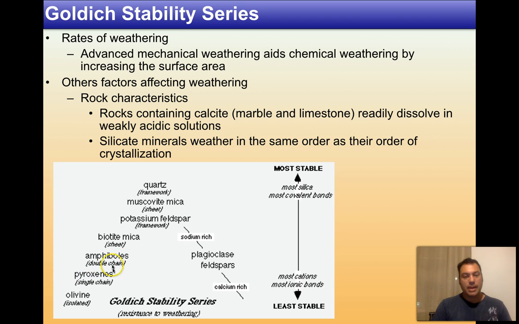And the pyroxenes and the amphiboles and the plagioclase feldspars, especially the calcium-rich variety, are extremely unstable. And they tend to want to break down and weather very rapidly in an acidic chemical environment. It doesn't take that much water to make that happen. So this, by the way, is referred to as the Goldich stability series. It's basically the opposite or the inverse of Bowen's reaction series, which you will remember from igneous rocks.